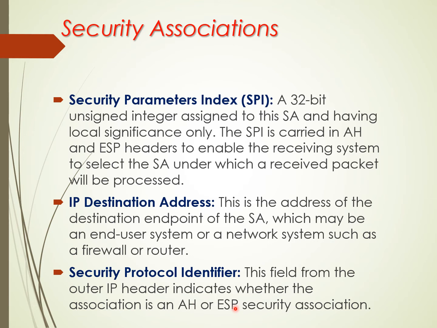So it indicates whether the security association is for the authentication header protocol or the ESP, encapsulating security payload, protocol. We know that IP security can be achieved by two protocols, the AH protocol and the ESP protocol, and this identifier distinguishes between these two protocols.